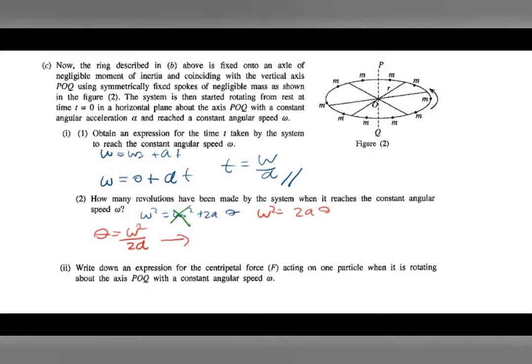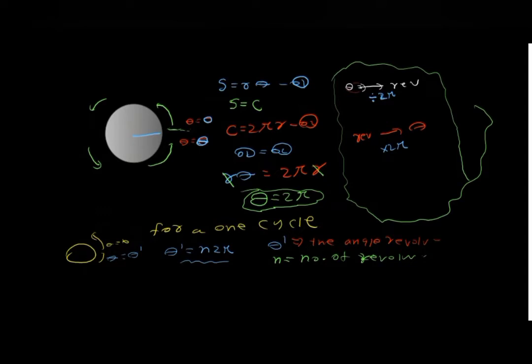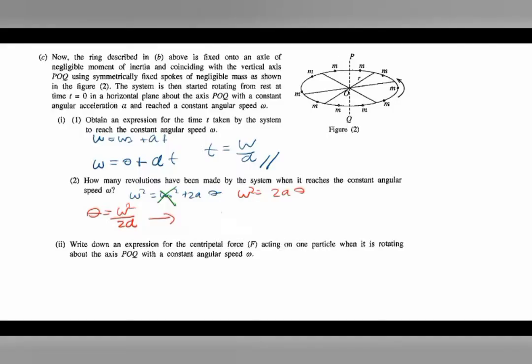You have to convert theta to revolutions by dividing the entire term by 2 pi. Now you just need to get n, the number of revolutions, by dividing by 2 pi. So n equals omega squared over 4 pi alpha.